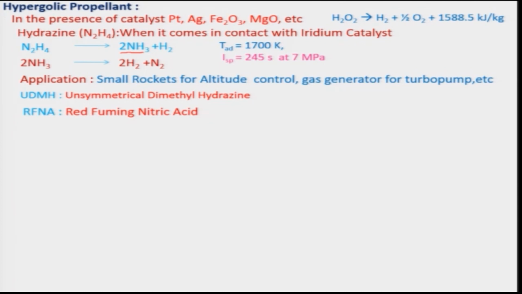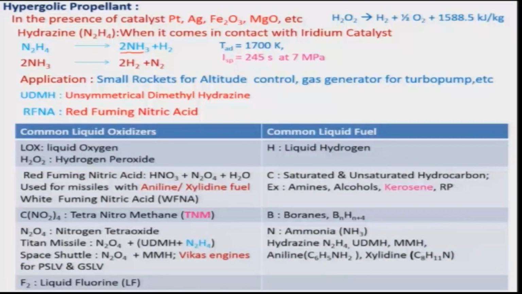And let us look at some of the common liquid oxidizers and common liquid fuels. As I told, liquid oxygen and liquid hydrogen are being used profusely nowadays as a cryogenic engine, and of course, hydrogen peroxide is being used.